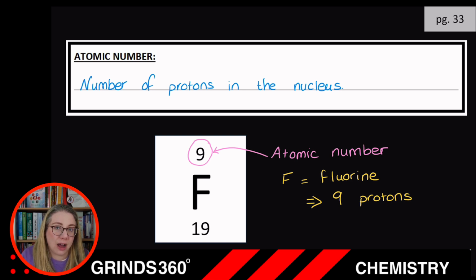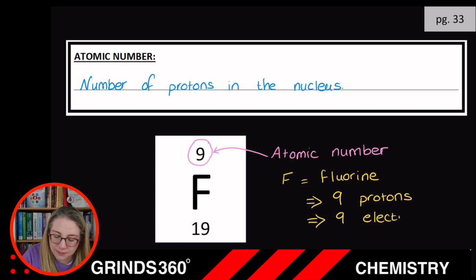We actually call it an ion. But the word atom, so if you see atom in an exam question, protons equals electrons. So this also tells me that fluorine has 9 electrons. There we go. So that number is actually giving you quite a lot of information about this particular element.